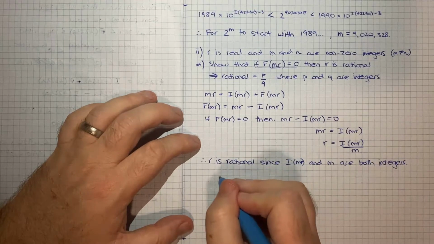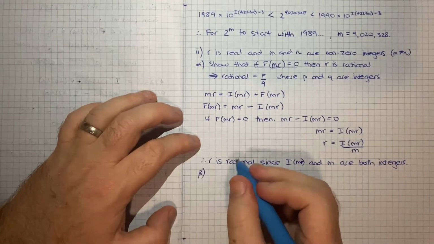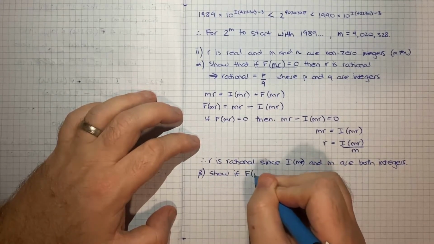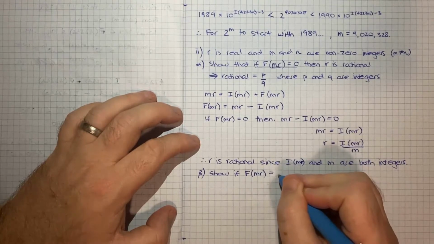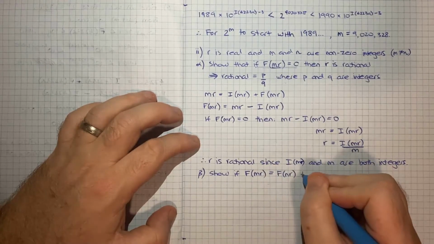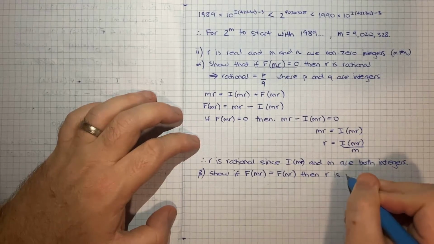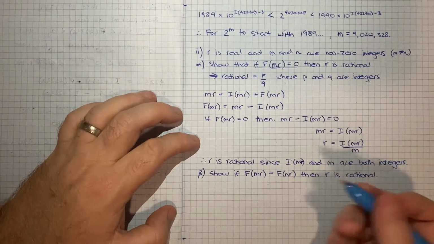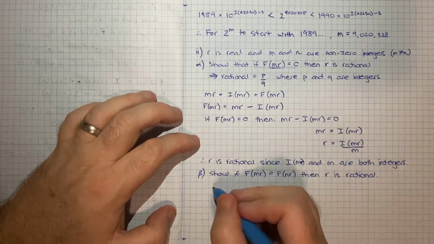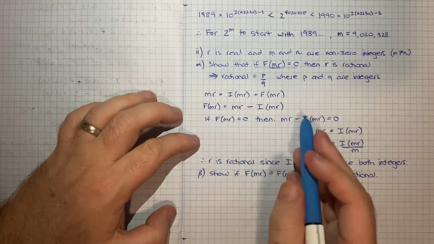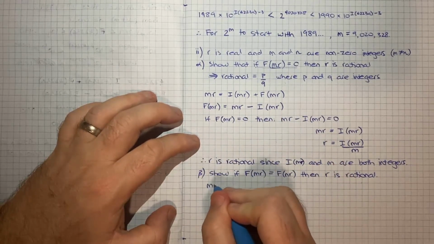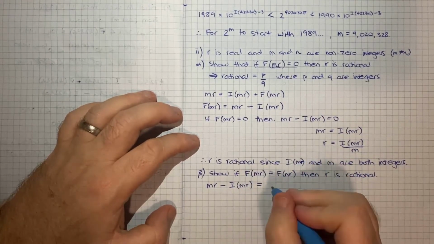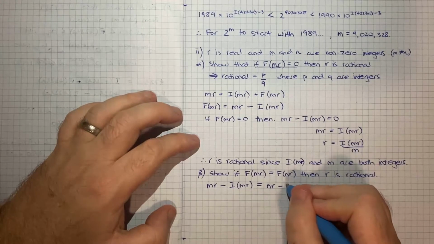So if we go to part beta, what's that say? That's asking us to show that if the fractional part of MR is equal to the fractional part of NR, then R is rational. So let's see how this one plays out. Using this format, we can say that MR minus the integer part of MR is equal to NR minus the integer part of NR.